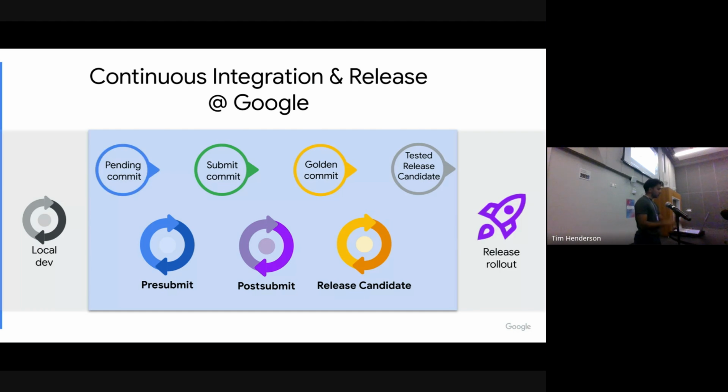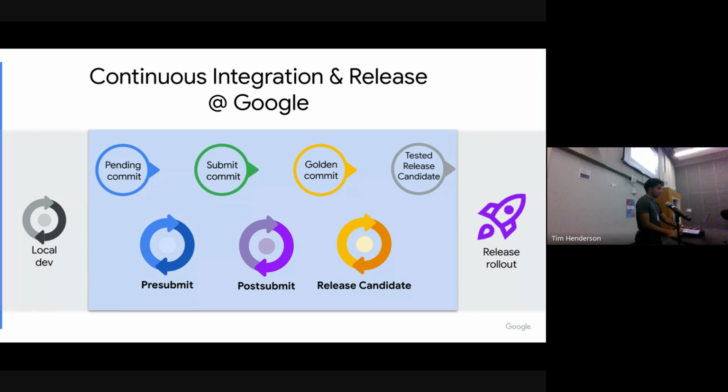Now I'll try to give an overview of how CI at large works at Google. You can broadly think of it as being broken up into 3 stages. We have pre-submit testing before commits are submitted.